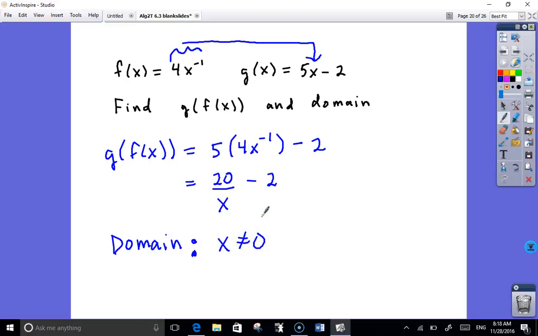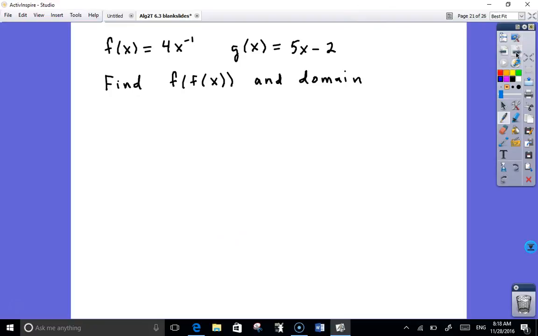What was the domain of f of x, by the way? I mean, 4x to the negative 1 would have been 4 over x, so it's still x does not equal 0. Okay, now we're going to do f of f of x. Maybe it would help in this case to do it like this.